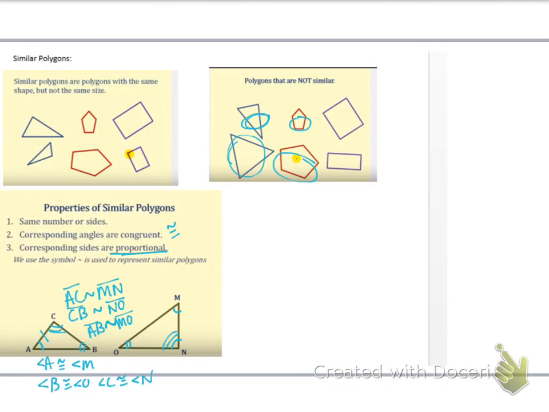Okay, so not congruent, but now I'm using this little similarity sign. Once I say that, I could say the 2 triangles are similar. So I could say triangle ACB is similar to triangle A matches with M, C matches with N, and then I have O left.